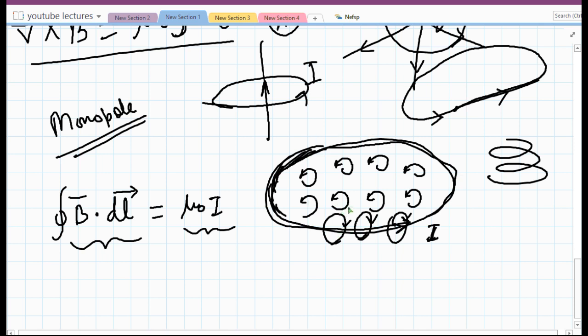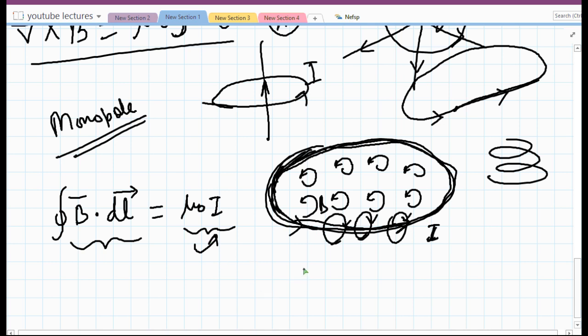Inside the surface, all the magnetic fields are curled up, formed in a closed loop. You integrate the curl of the magnetic field over the entire surface, and that will be the same as integrating the whole magnetic field over the boundary, and you will get the current.